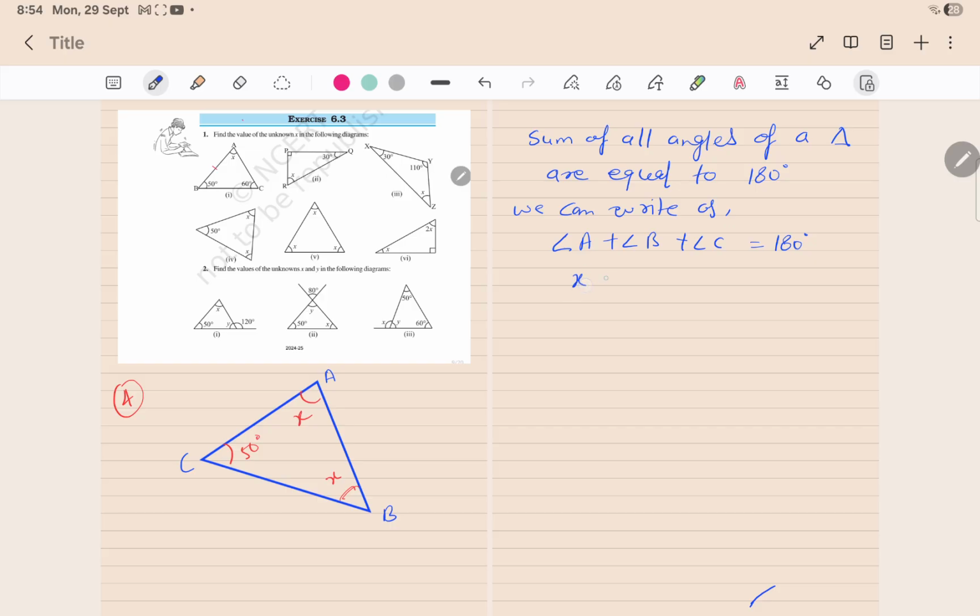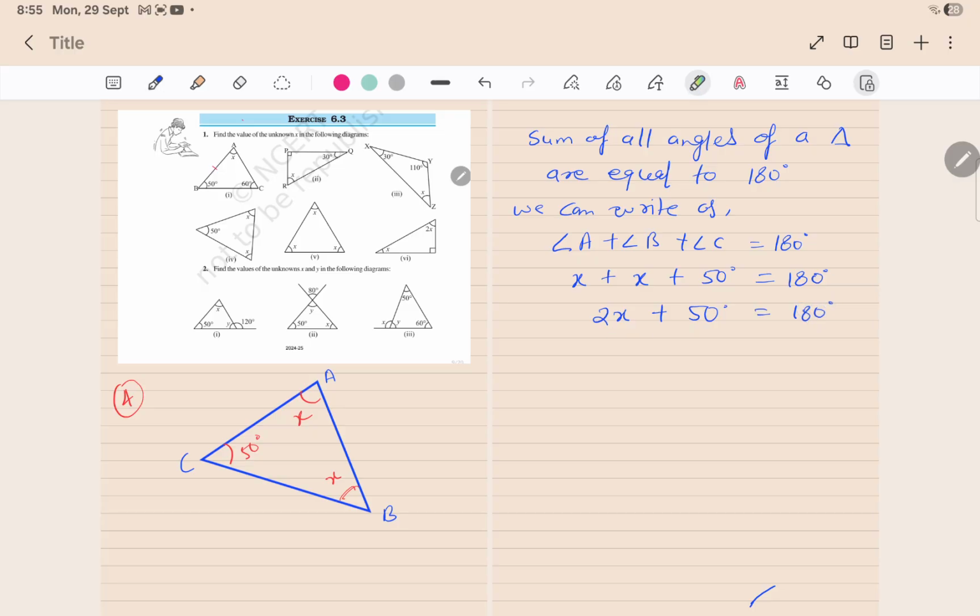Angle A equals x, angle B equals x, and angle C equals 50 degrees. So x plus x is 2x, and we can write 2x plus 50 degrees equals 180 degrees.